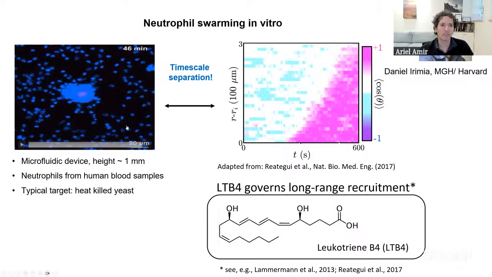And we know what the signaling, or one of the main signaling molecules is. It's a molecule called LTB4. And so the traditional picture has been that a neutrophil bumps into the problem, be it a fungal infection or a wound, and starts secreting LTB4. This LTB4 then diffuses away from the target and recruits additional neutrophils to the target site.